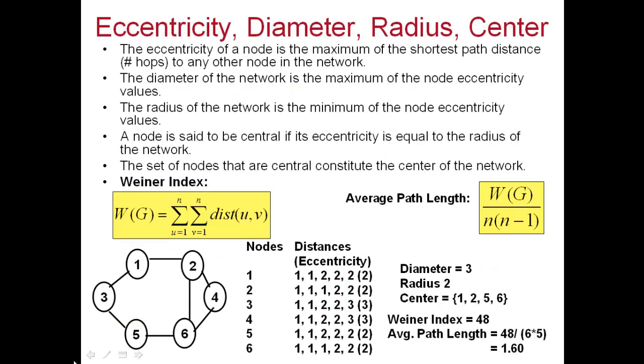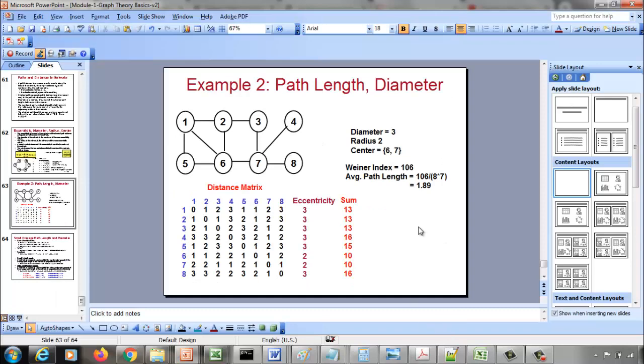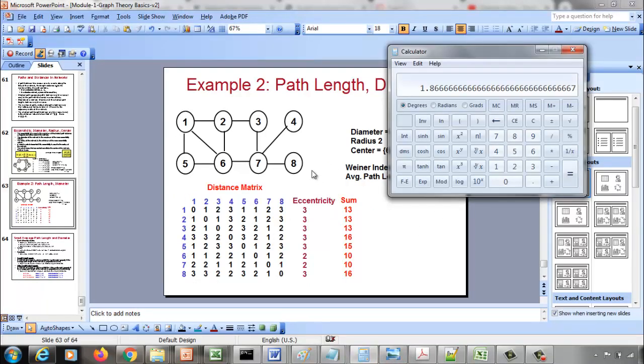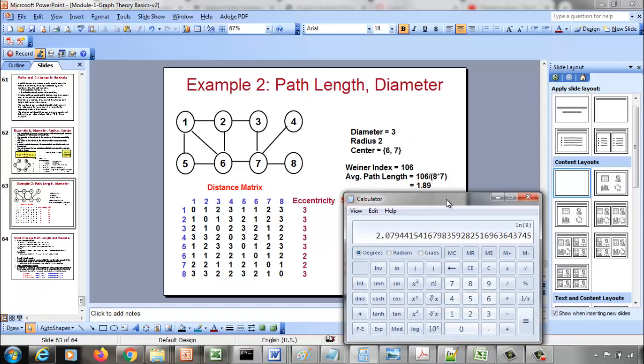Now for the graph that is assigned to you here, we can decide whether it is exhibiting small world or ultra small world property or neither of them. So what you can do is, once you find the average path length and you see there are 8 vertices, take the logarithm of 8, which is 2.079, and we got 1.89 as average path length.